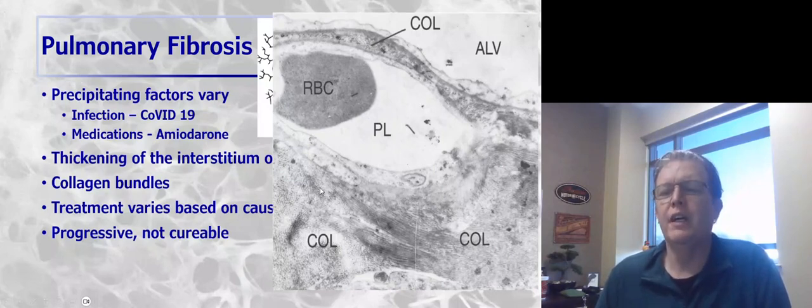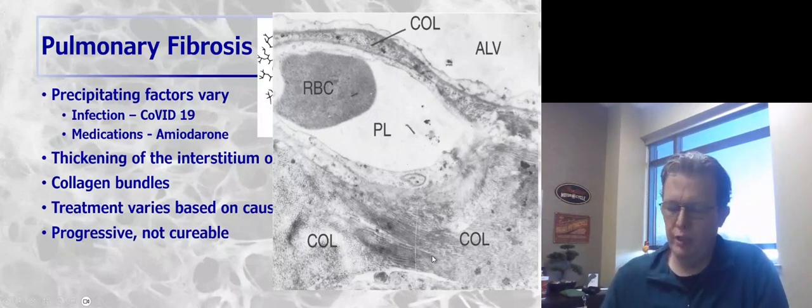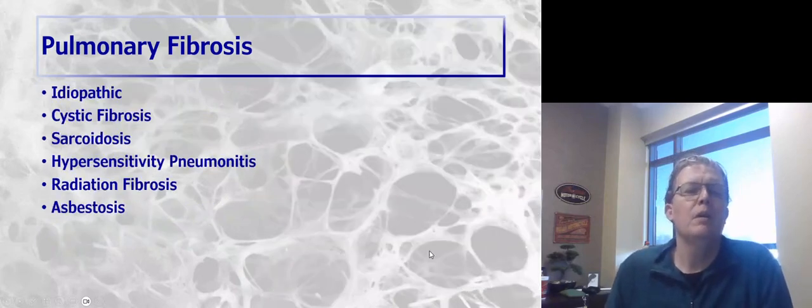You see all of the collagen deposits here, and you see these striations between these two collagen bundles here. Those striations are fibrin tissues that are laid down there in a linear fashion that, again, you can see with this increased tissue why that would be more rigid and hard.